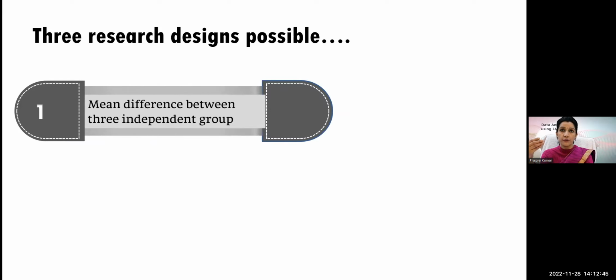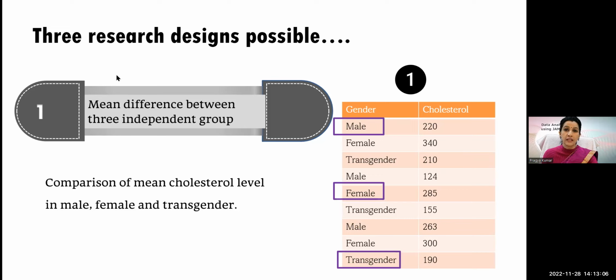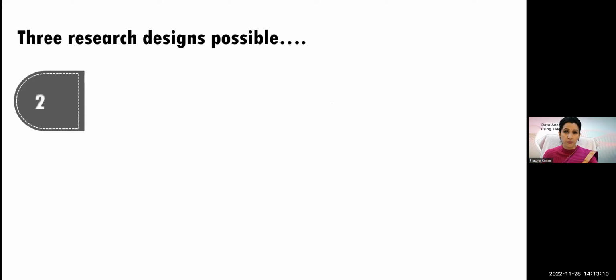So if you want to know the mean difference between the 3 independent groups, in this case, you can see the 3 categories are male, female, and transgender. So there are 3 categories, and you are measuring the mean cholesterol level in these 3 categories. Then you can apply one-way ANOVA.